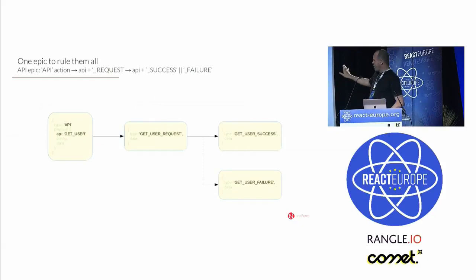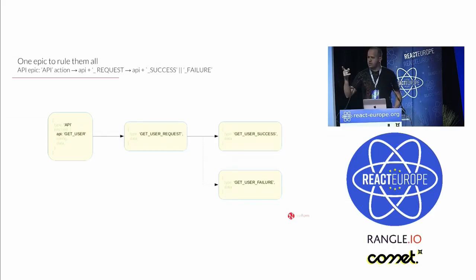So we're going to create one epic to rule them all. Let's call it the API epic. It's just for something like HTTP. So the only constant that you will have, the type, is type API. When you dispatch that, you will say, in our case, just to stick with our previous example, get user, with a little bit of config and a little bit of data payload on that. Your epic now listens to your action stream.